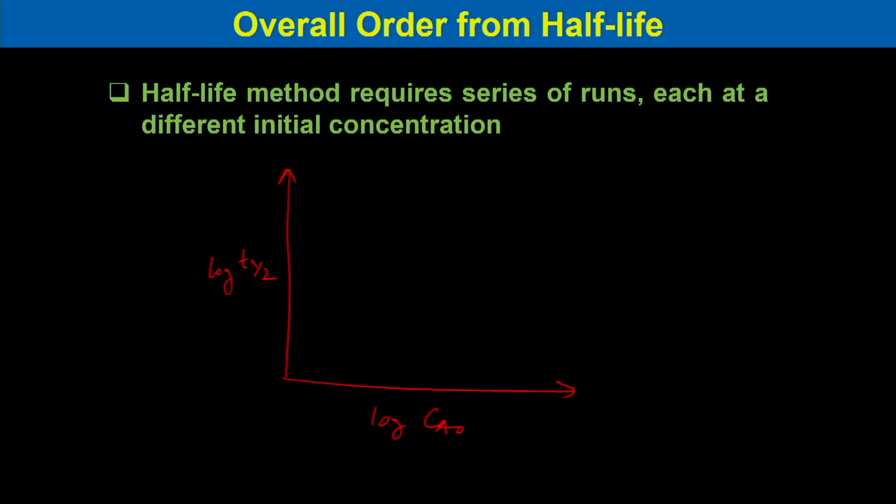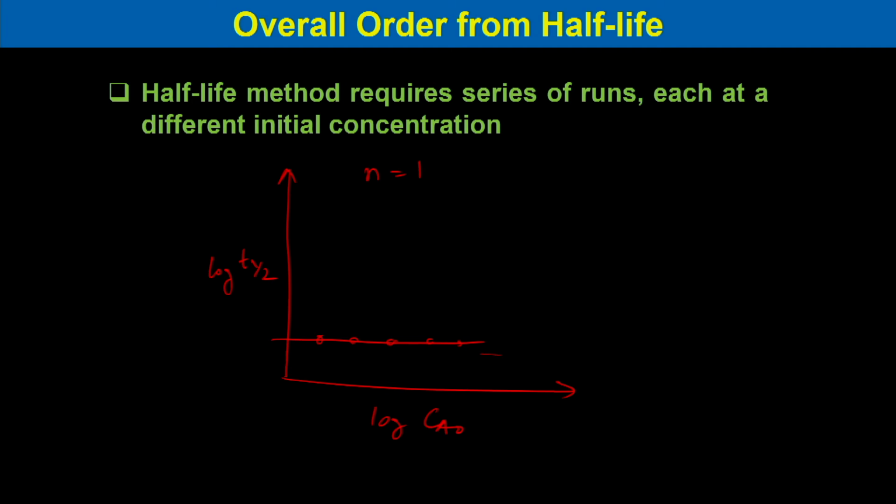we would see that when n is equal to 1, the curve of log T half versus log Ca naught would be independent of the initial concentration.